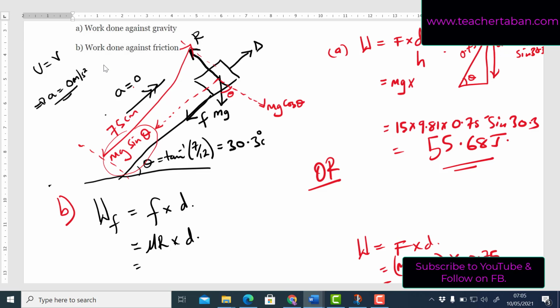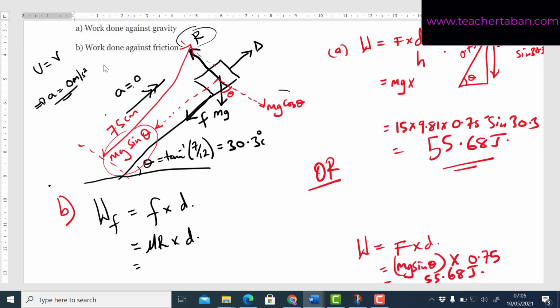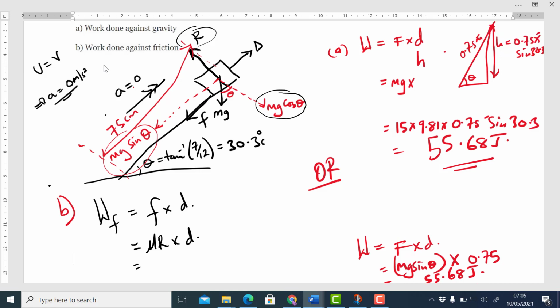Our R is this one here, and it is equal to the component of the weight perpendicular to the plane, which is mg cos θ. So we have μ mg cos θ times the distance moved, which is 0.75, from here to there. Remember the friction is this, so it is moving from this point A up to this point B.